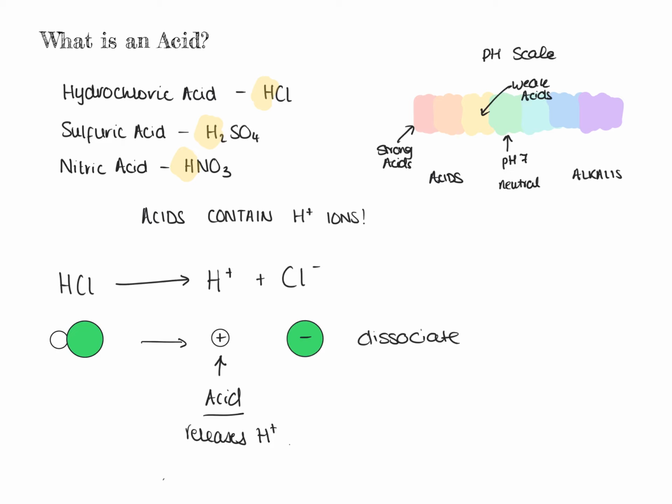Now I don't want to go too deep into what strong acid and weak acid means at this point, because we can do that in another tutorial, but very briefly, strong and weak is to do with how well the ions dissociate. So a strong acid like hydrochloric acid or sulfuric acid, when it's dissolved in water, every single one of these will dissociate and split into ions.